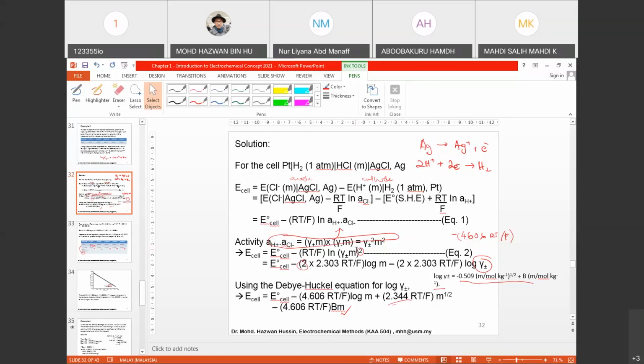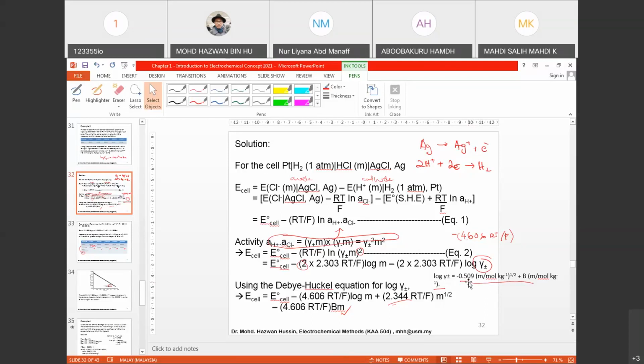Doctor, there is another question. When you substitute the log gamma, you put m to the half. But in the real equation, we have only 0.509 plus p. So from where do we get m? No, this one is actually in m, 0.509 m. This is actually the unit.